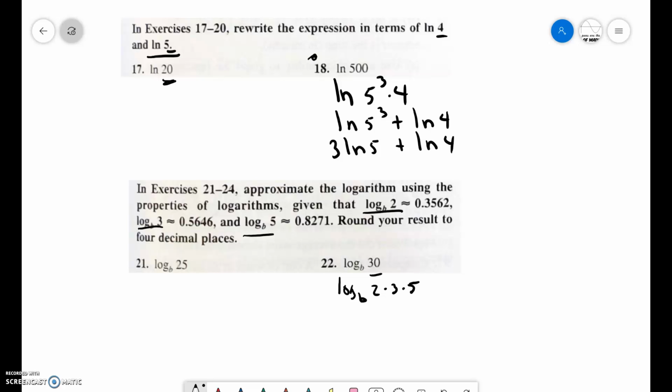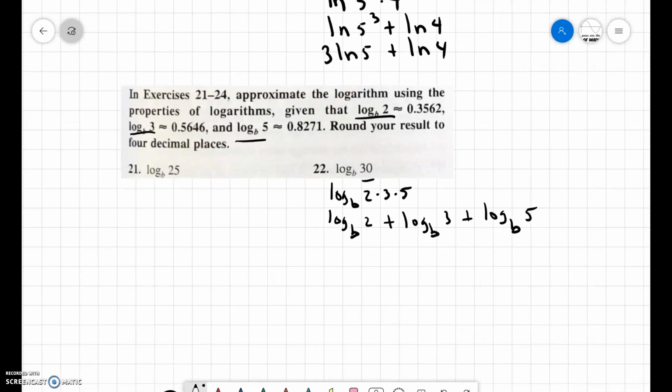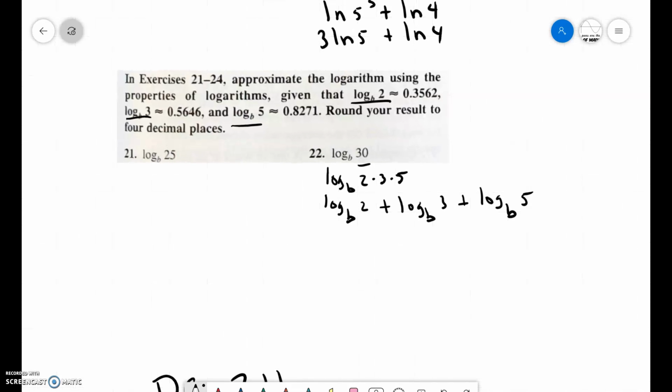All right, well, how does that break up? Log base b of 2 plus log base b of 3 plus log base b of 5. Okay, so what?